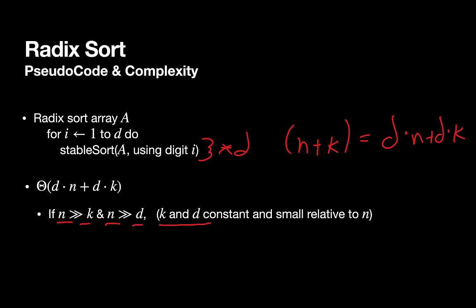And of course, if we're working in decimal, as we've been doing, our number of buckets would also always be constant. So if k and d are both constant and relatively small in comparison to n, really the n is what dictates our overall time complexity. So we can think of this as an O of n sort.